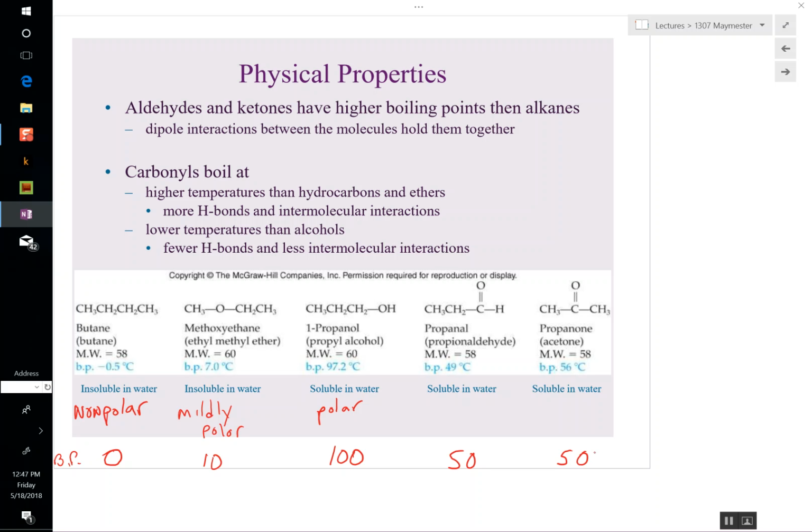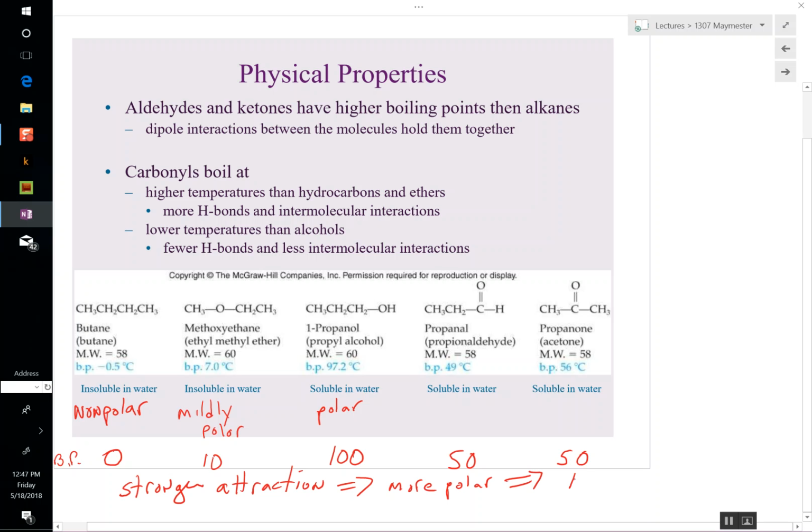So what would be a summary statement? For molecules of similar molecular weights, the higher the boiling point, the higher the intermolecular attraction, the stronger the attraction the molecules have for one another, which corresponds to more polar molecules, higher boiling points.